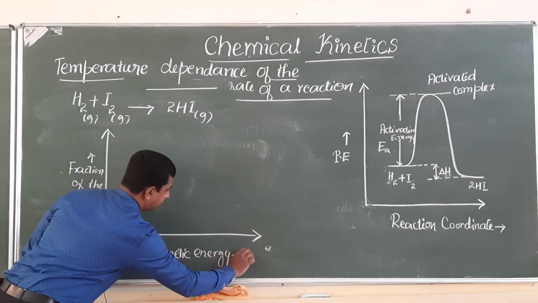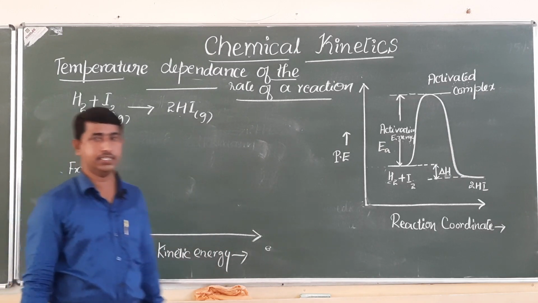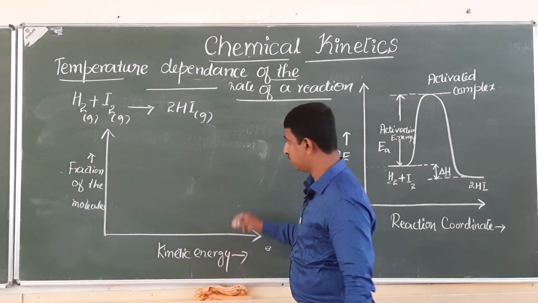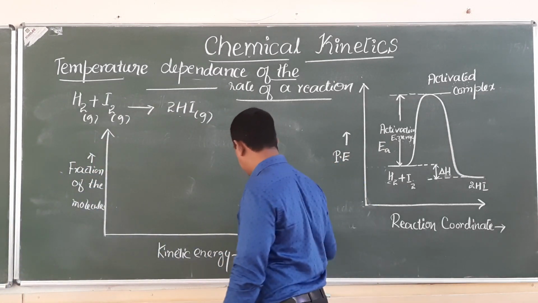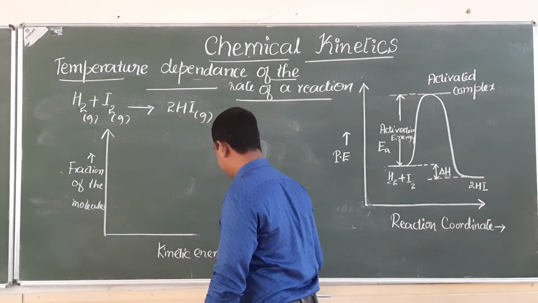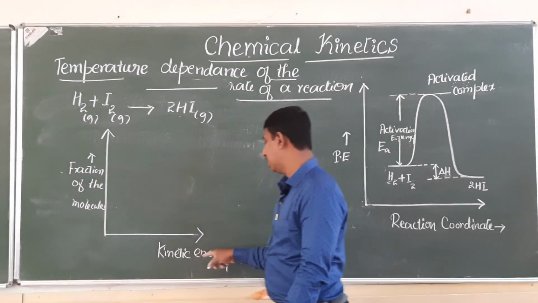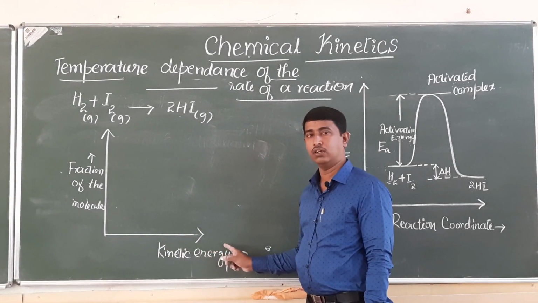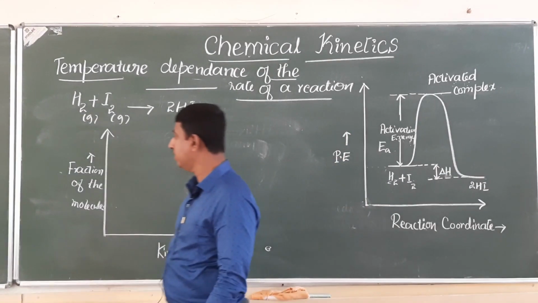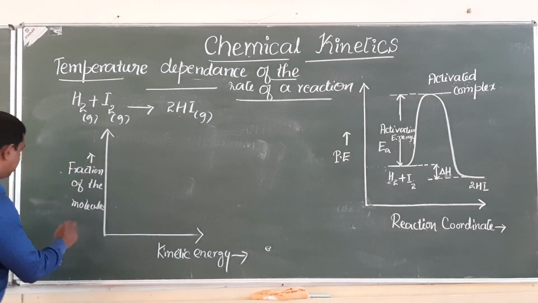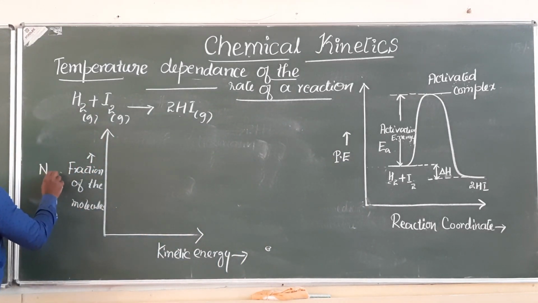Kinetic energy is taken along the x-axis. So, Maxwell and Boltzmann took the fraction of the molecules along the y-axis and kinetic energy along the x-axis. On plotting fraction of the molecules, that is Ne by Nt.